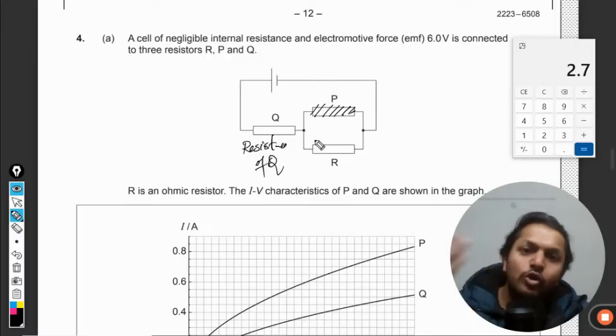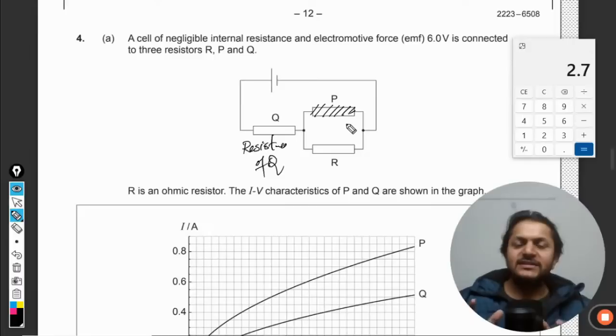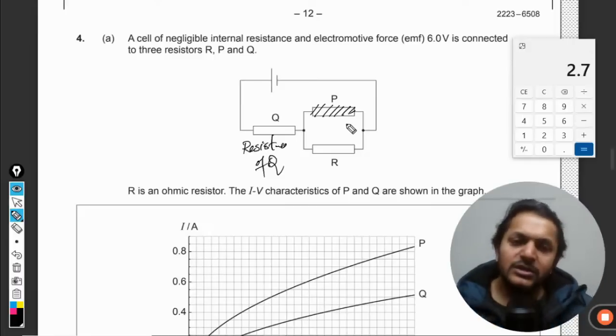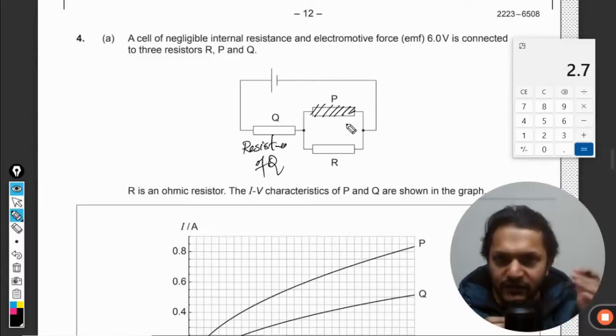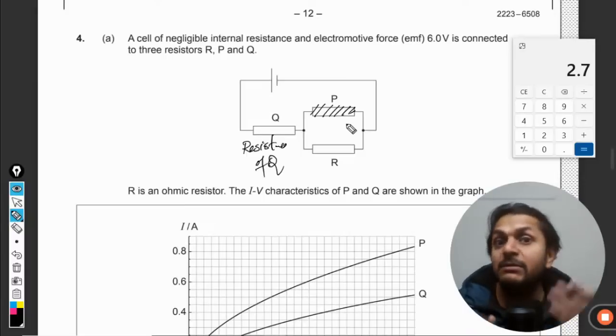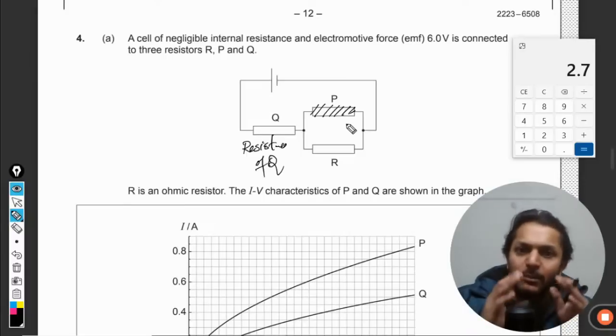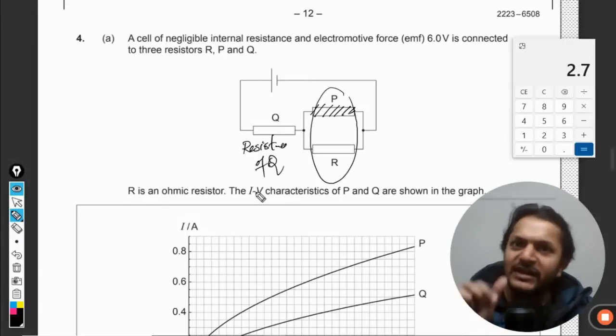It will be having more total resistance. See, when the two resistances P and R are in parallel to each other, their equivalent resistance will be lesser than the minimum of the two. So the resistance for P and R will be very less.